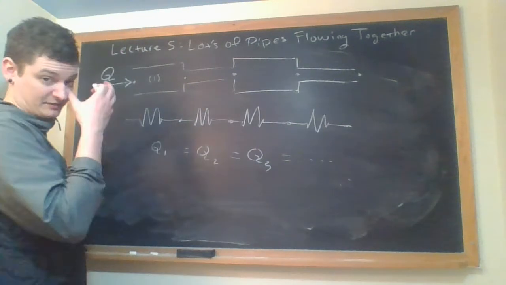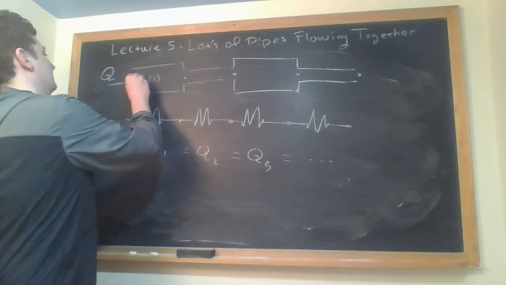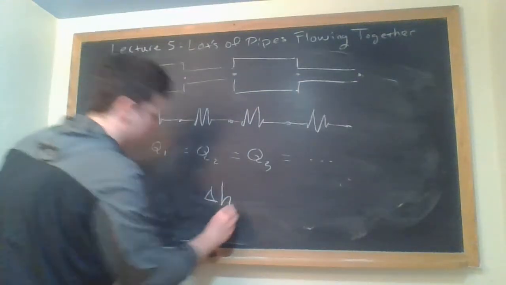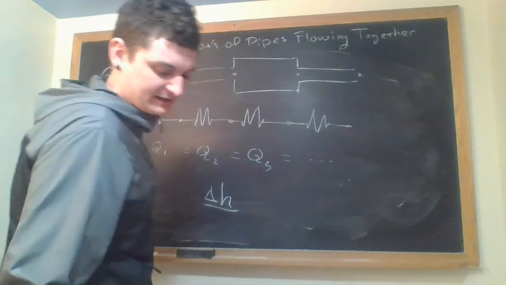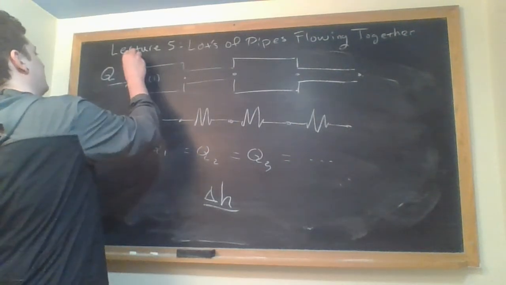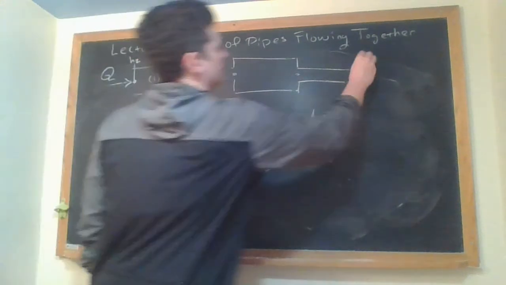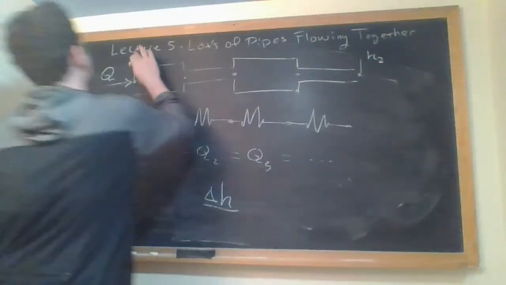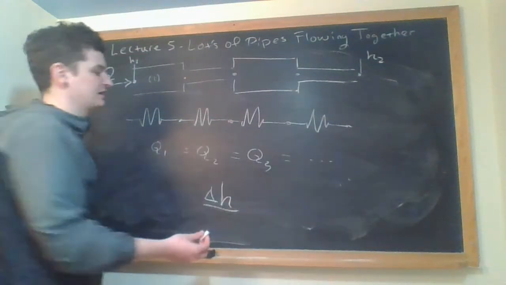And this can be stated in terms of velocities and areas, but I'm not going to go into that right now. And the goal of this is, just as you were saying, delta H is what we're trying to figure out. So delta H is the difference in head, from H2 to H1.